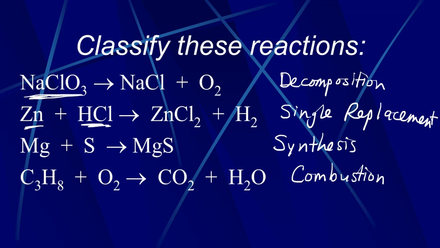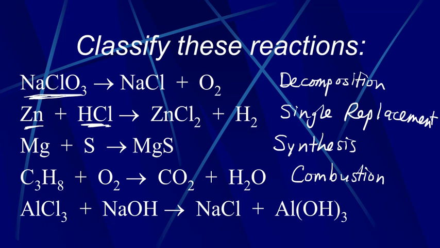One more example. We have aluminum chloride and sodium hydroxide, and we make sodium chloride and aluminum hydroxide. Well, in this reaction, it looks like the ionic compounds have ions that are just swapping partners. Sodium gets with chloride and aluminum gets with hydroxide.